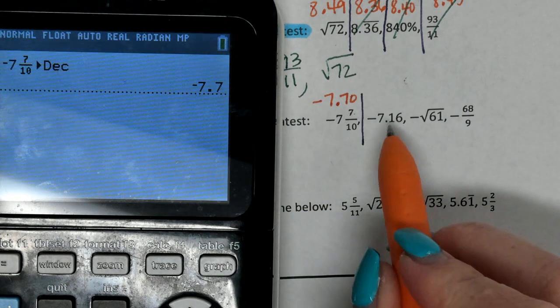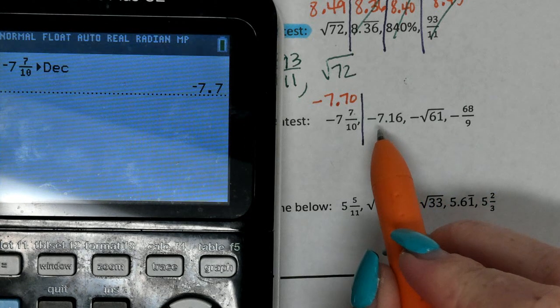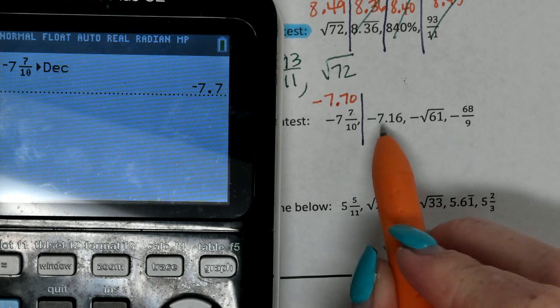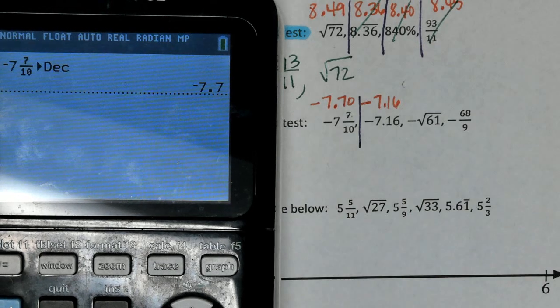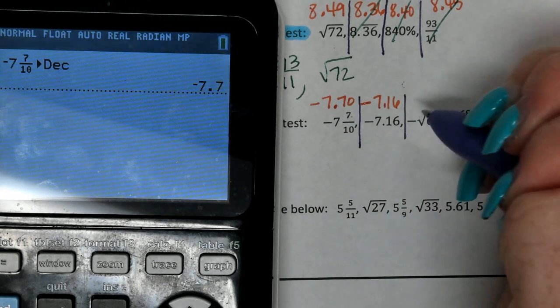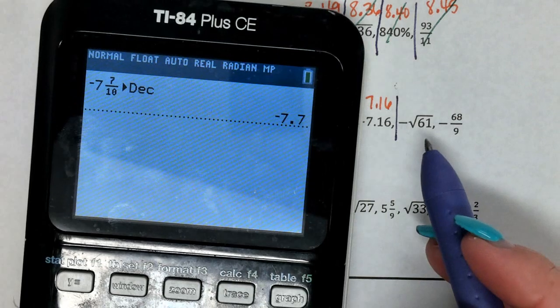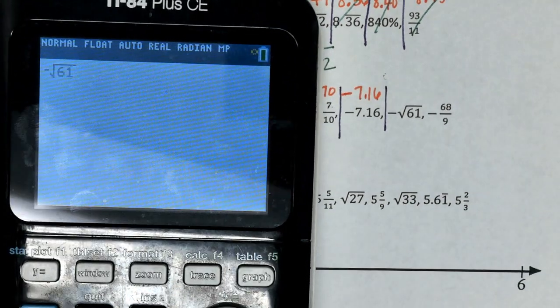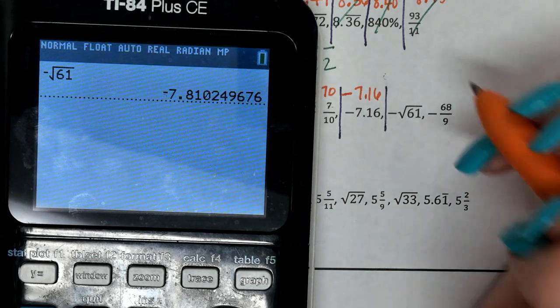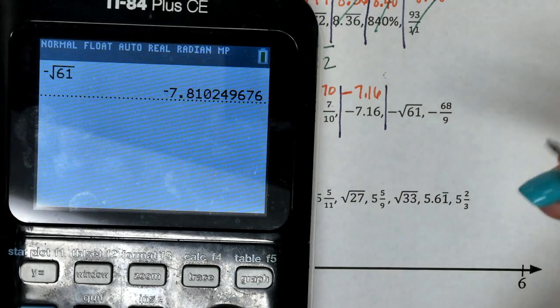Is the next one already done for you? I don't need to do anything. Does it look like money? All right, I'm good. I'm just going to leave it. Don't go trying to change the number, guys, okay? If it's already a decimal, you're good to go. All right, negative square root 61. How much money do I owe?